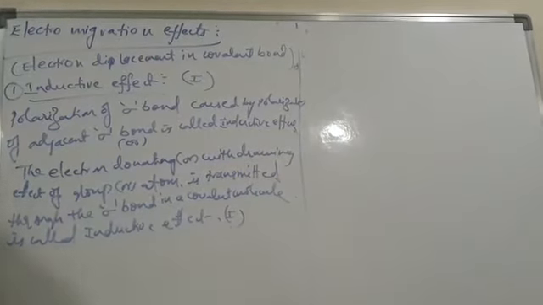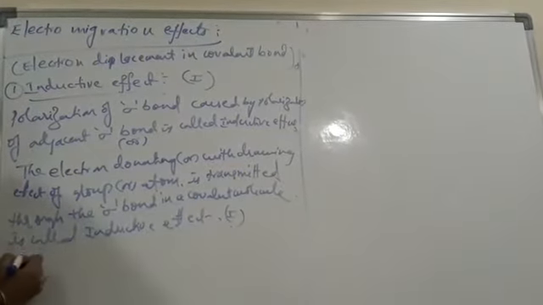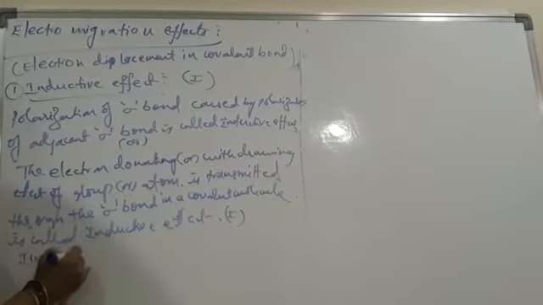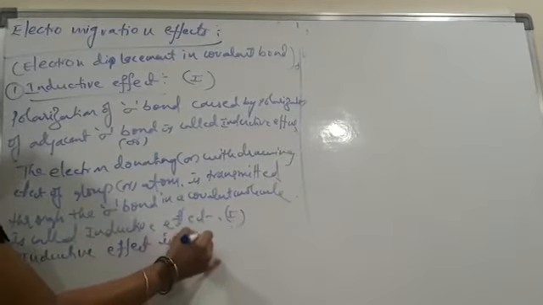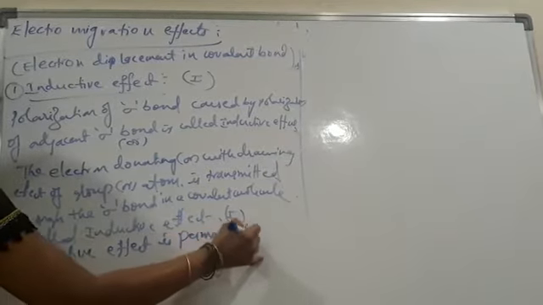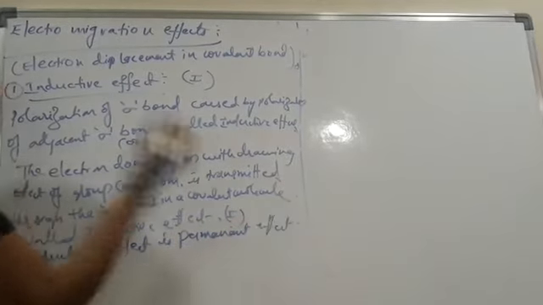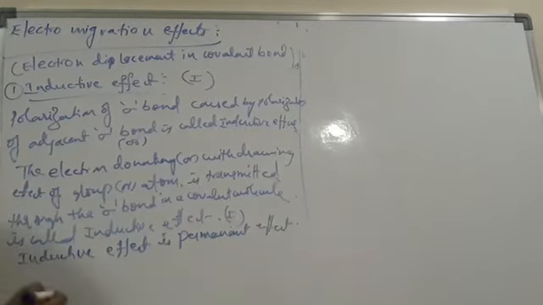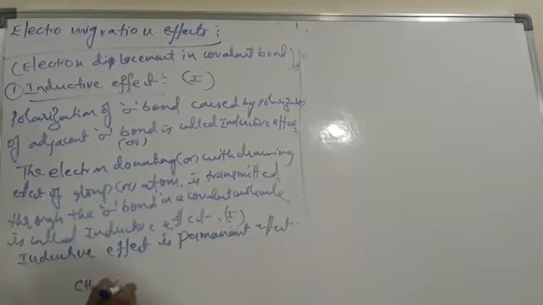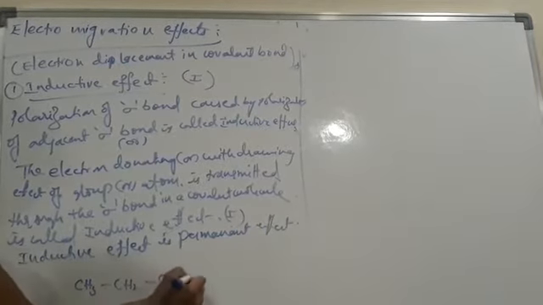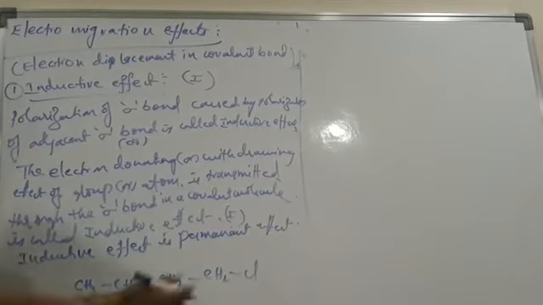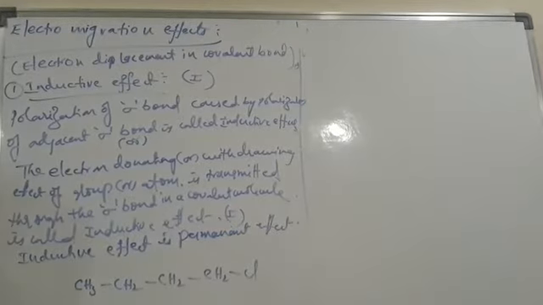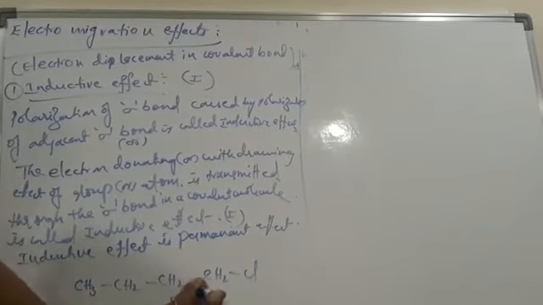Next, inductive effect. This is a permanent effect. For example, if you consider a molecule, 1-chlorobutane, with carbons 1, 2, 3, 4.